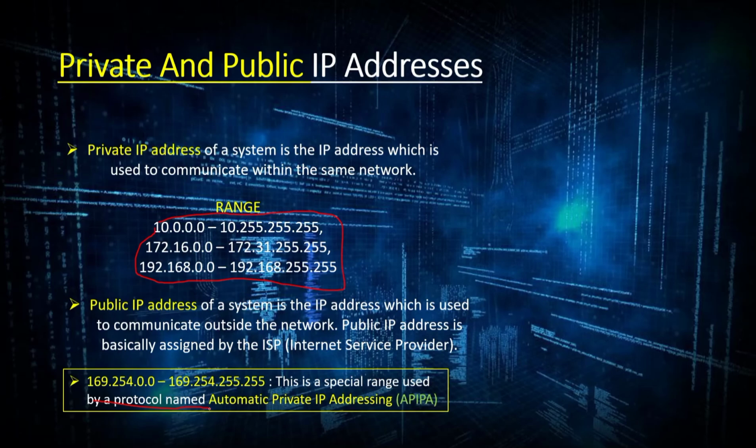According to Microsoft, the APIPA service checks every 5 minutes for a DHCP server in the network. The APIPA service stops as soon as it finds the DHCP server, and the APIPA address is replaced with the IP address received from the DHCP server.